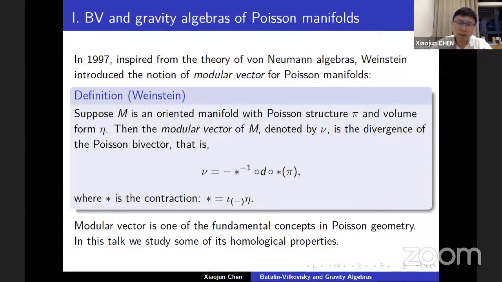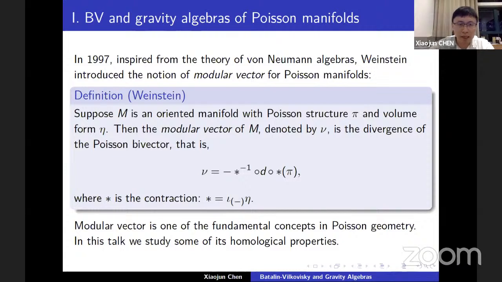Then the modular vector of M, denoted by nu, is the divergence of the Poisson bivector. That is, nu is equal, up to a sign, to star inverse composed with d and composed with star, where star is the contraction with the volume form.